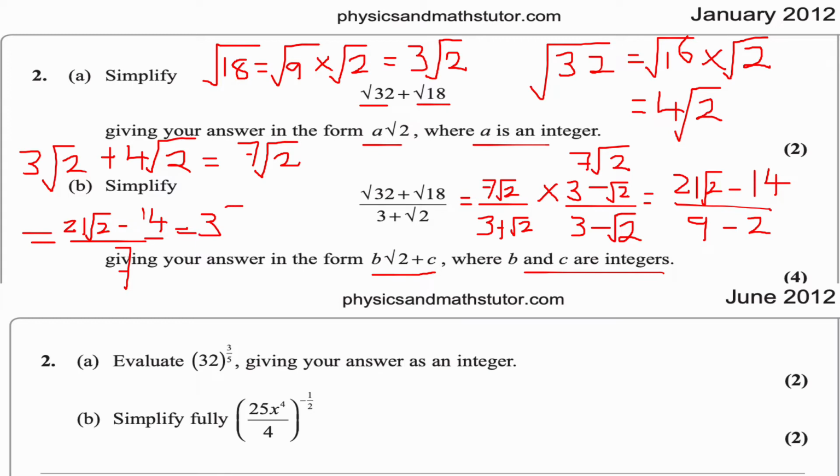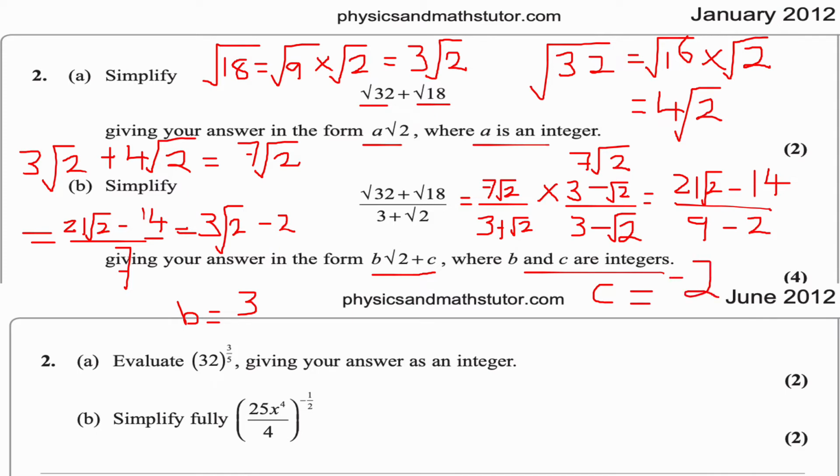So it's going to be 3 root 2 take away 2, because 14 over 7 simplifies to 2. It wants it in the form b root 2 plus c. So b in this case is equal to 3 and c is equal to minus 2.